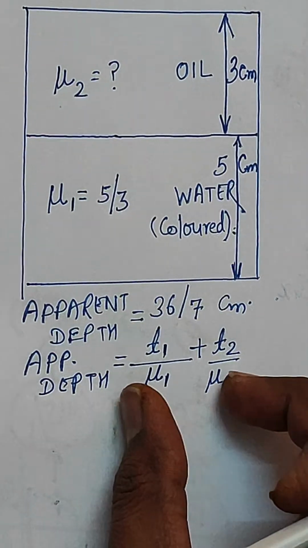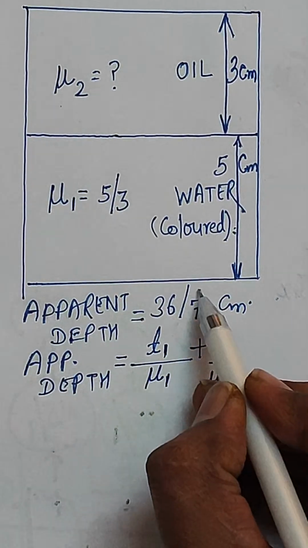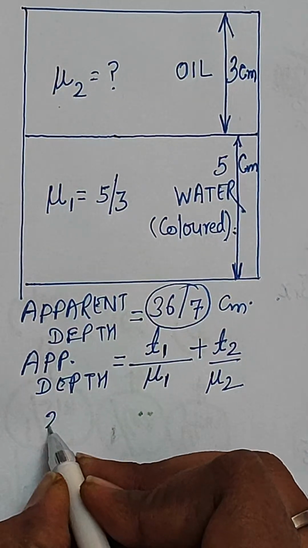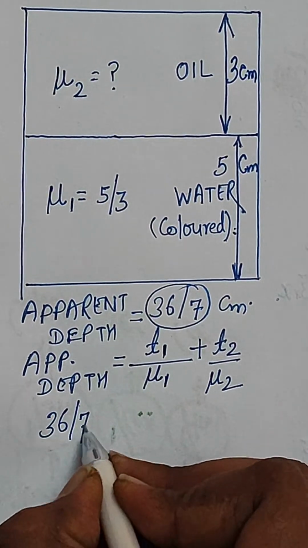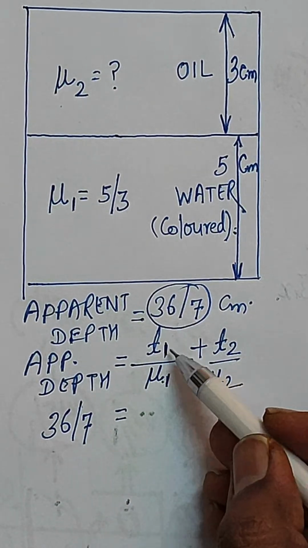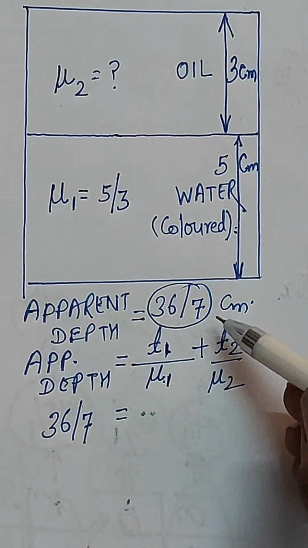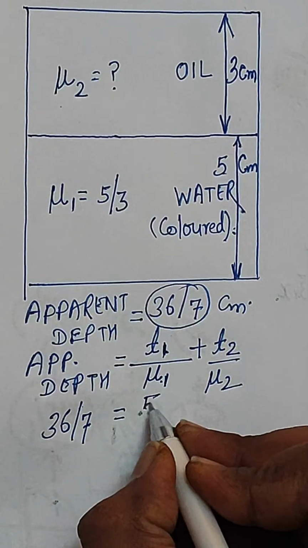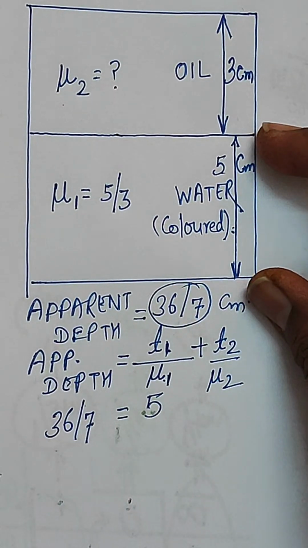So here the apparent depth is given to you as 36 by 7 centimeter. So write 36 by 7 centimeter over here, and on the RHS we have T1 by mu 1. T1 is the thickness of the first layer, that is 5 centimeter, the thickness of the water level.